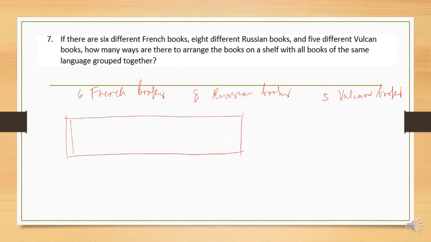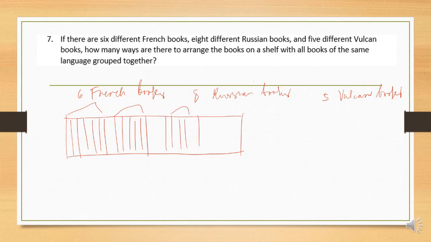Kung dito mo ayusin yung 6 na French book, magkakasama yan, no? Then, kung dito yung 8, magkakasama yan. Yung 5 Vulcan na books, magkakasama yan. So, hindi mo sila isi-shuffle, no? Na merong French, Russian, Vulcan, or whatever. Basta ang ano dyan, nakaayos sila per group of language. Okay? So, anong ginagawa natin?